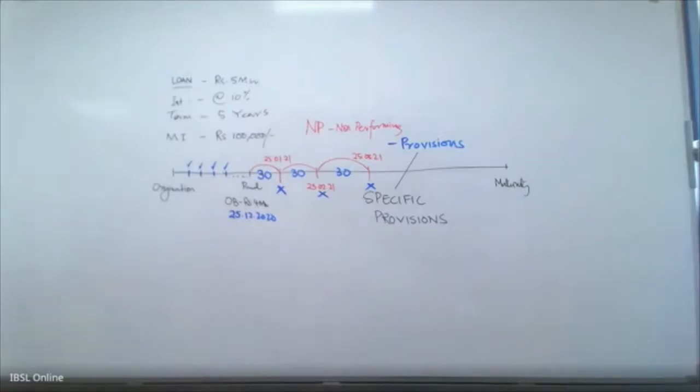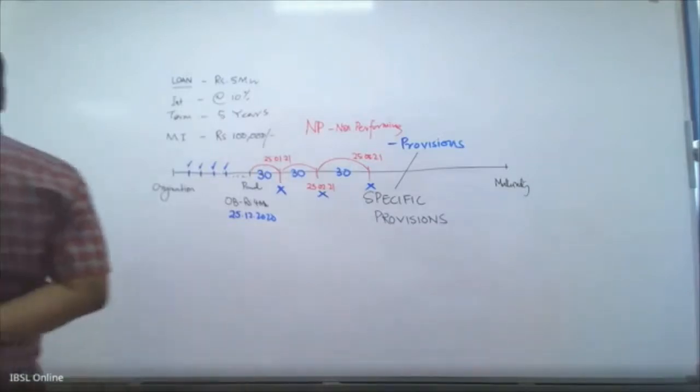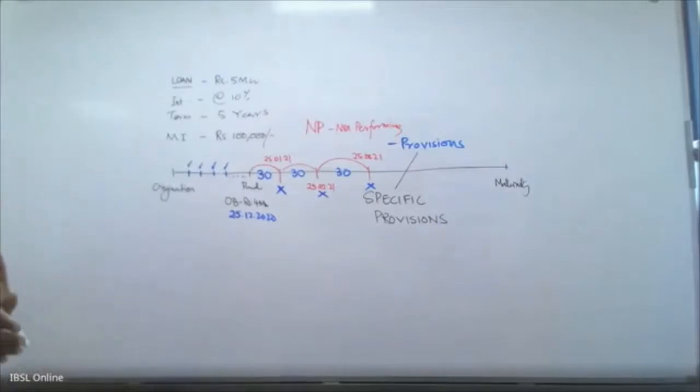comma, the loan or the credit facility will be classified as non-performing.